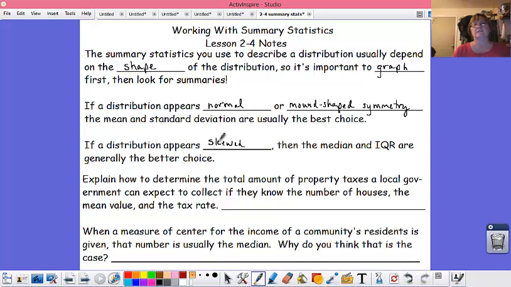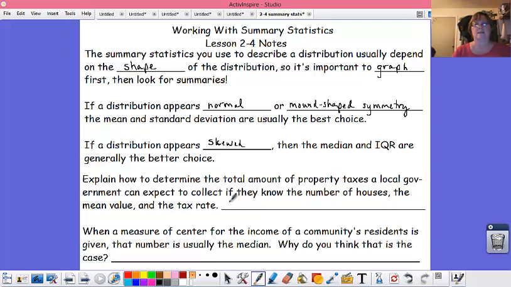So we'd like to ask you a few questions today just to get us thinking about these ideas. Suppose we wanted to know the total amount of property taxes that a local government could expect if they knew the number of houses, the mean value, and the tax rate.